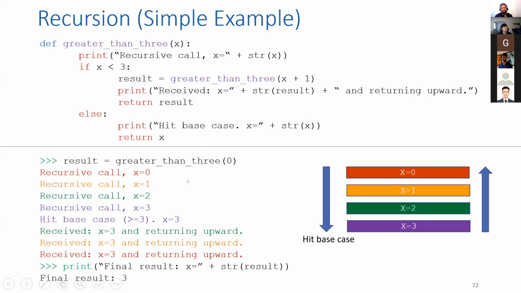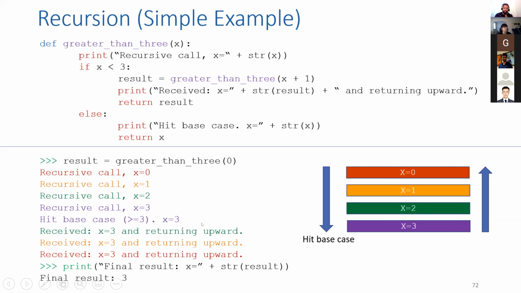Here is an example call, as well as an intuitive visualization of what's going on. Over here, I've called this function with an input value of 0. It receives 0, sees that it's less than 3, and then makes another recursive call while incrementing that value. You can see that it'll go to 1, go to 2, and then when it hits 3, it hits this base case else.